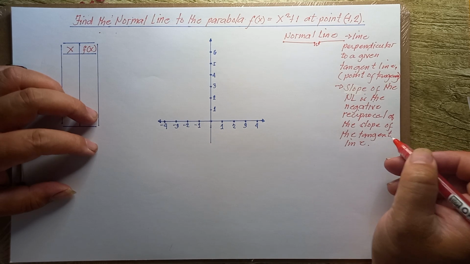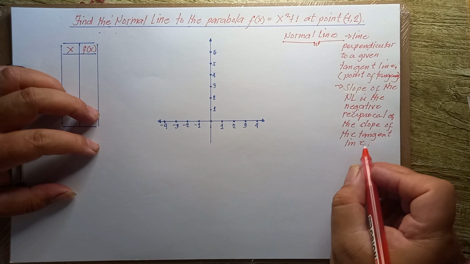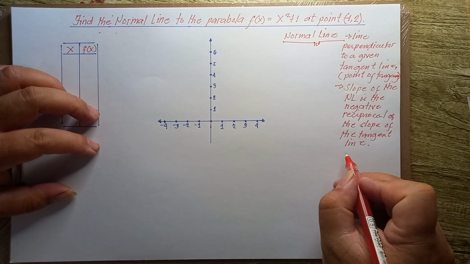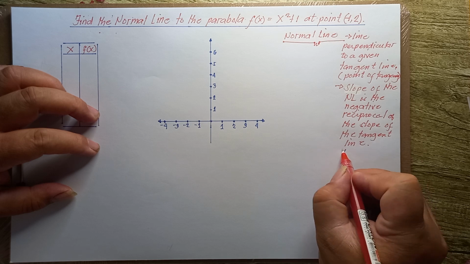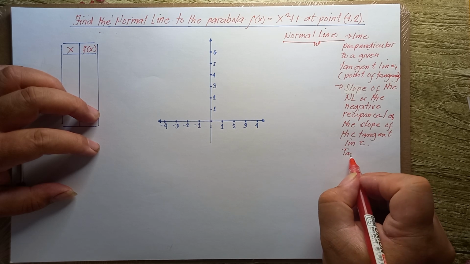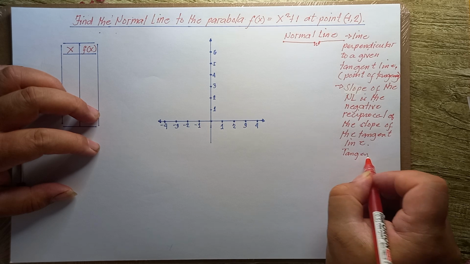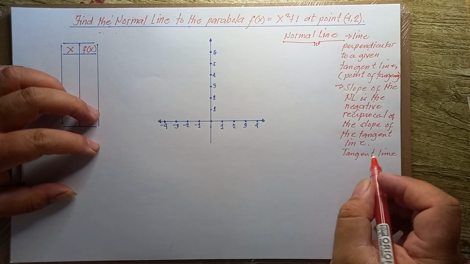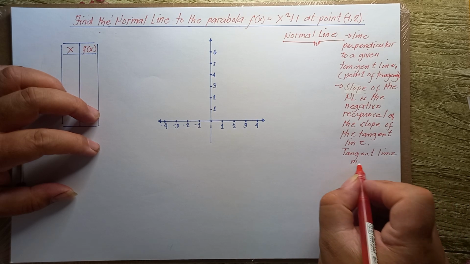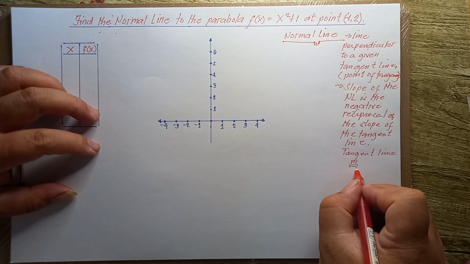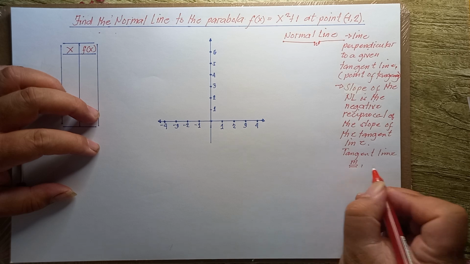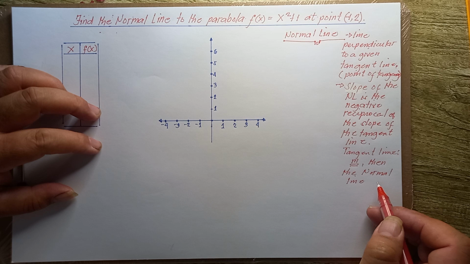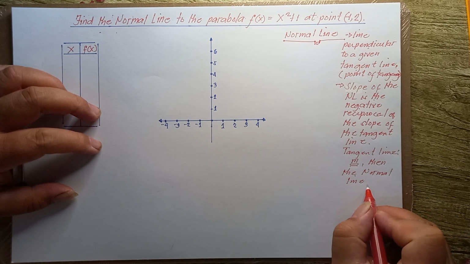So if the tangent line has a slope represented by m, then the slope of the normal line is represented by what?